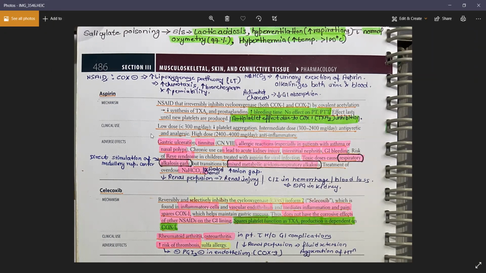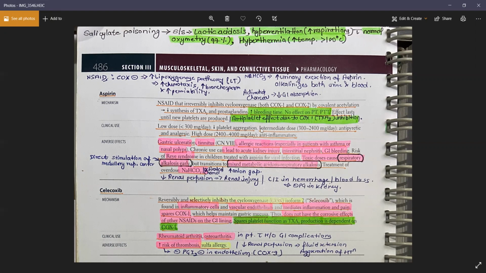So let's discuss the uses of the aspirin. Whenever you give the patient aspirin at less than 300 milligrams per day, it can be used to decrease platelet aggregation, antiplatelet therapy. And the antiplatelet therapy is used in patients with coronary artery disease, all right?